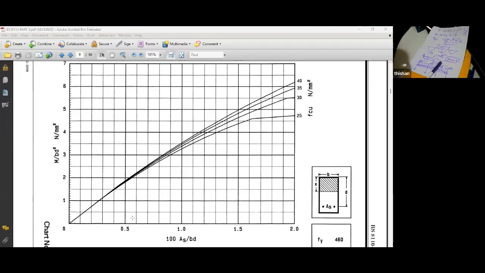Even if you talk about Altair, I didn't design it, but I already checked it by creating a model. If I design Altair today, the total weight of the Altair structure can be brought down to 70% of its weight, which means I can do the Altair construction for 70% of its original cost.